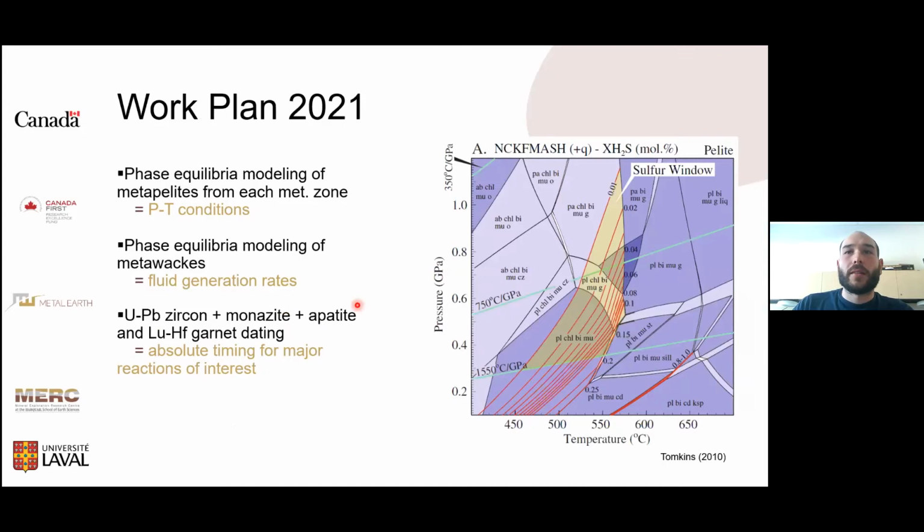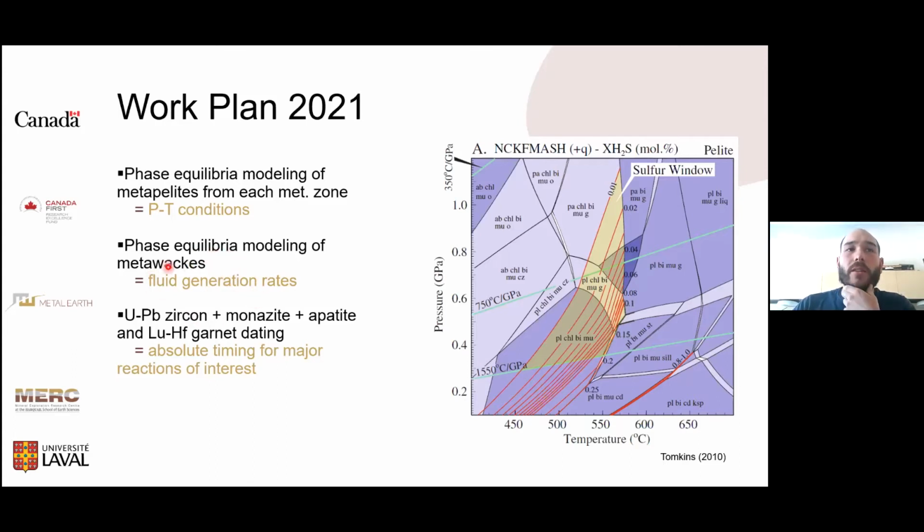So what are the next steps for Isaac? He is currently doing some phase equilibria modeling on the metapelites that are really representative of each metamorphic zone, to get the PT conditions and the PTt path. He's then going to try to model the metagreywackes, which represent, I would say, 90% of the rocks within the Pontiac.